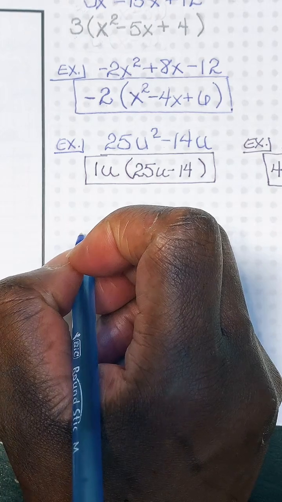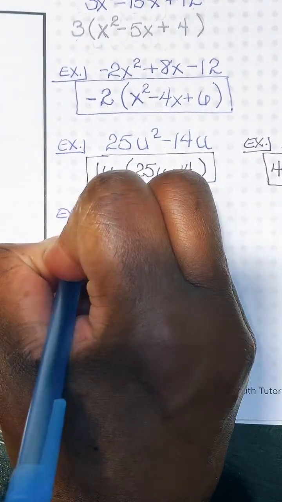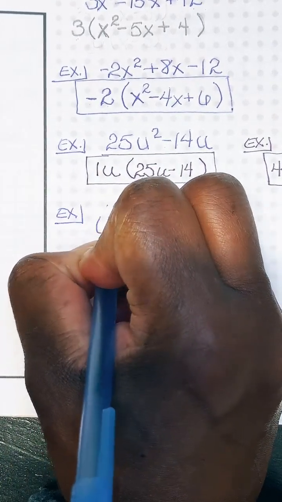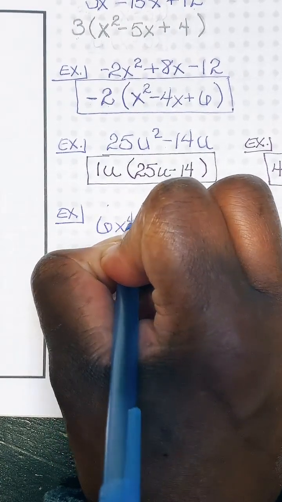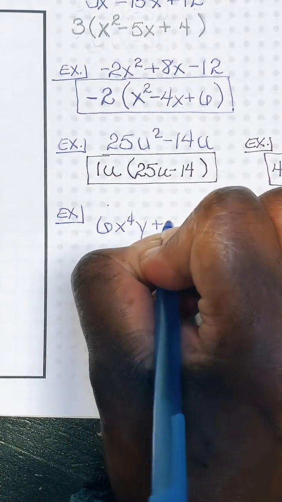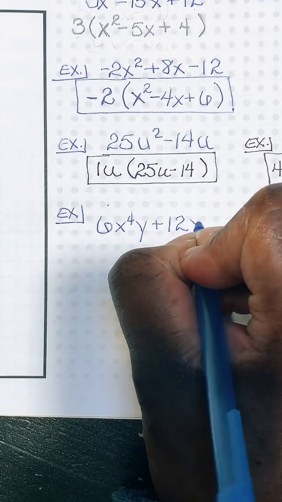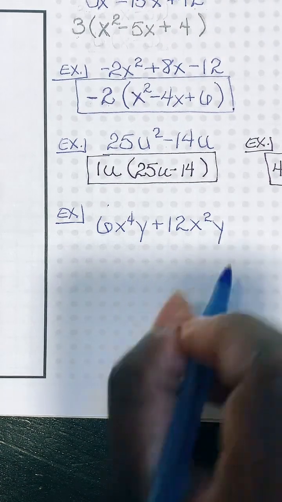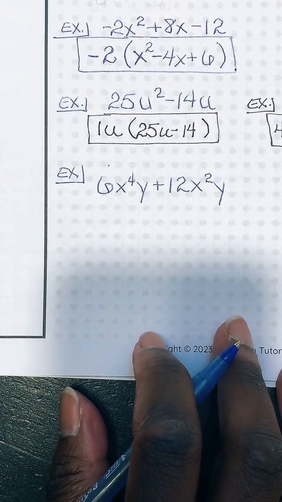Let's say I have 6x to the 4th y plus 12x squared y.